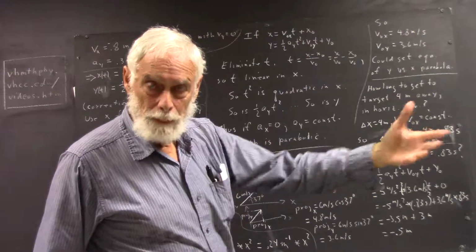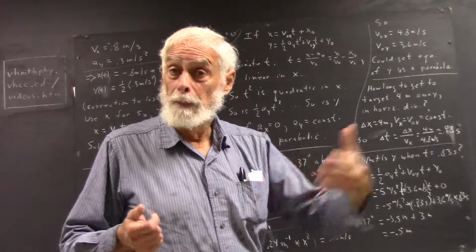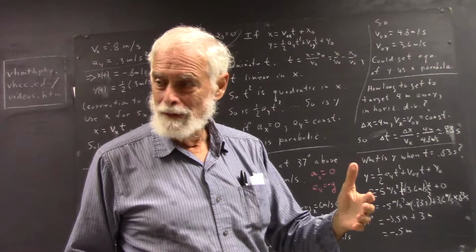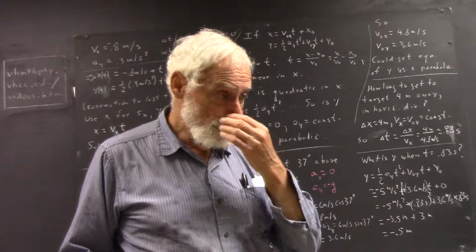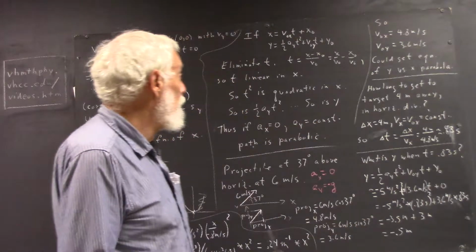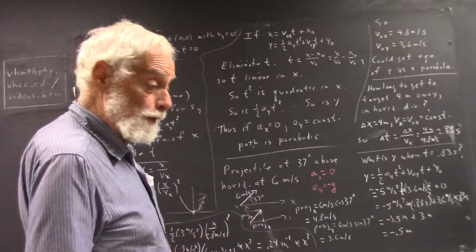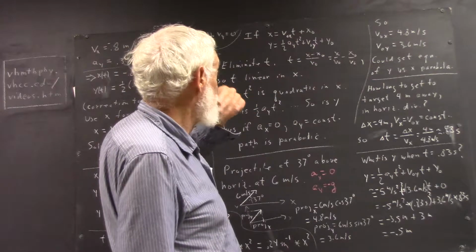Now, you maybe have to understand linear functions well enough to understand that, but if y equals mx plus b, then x equals what? It equals (y minus b) over m, which is y over m minus b over m, and that's a linear function. So clearly if we solve this for t, we're going to get a linear function.